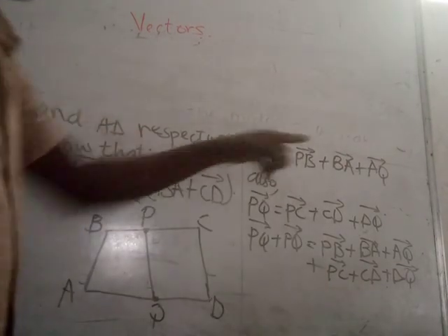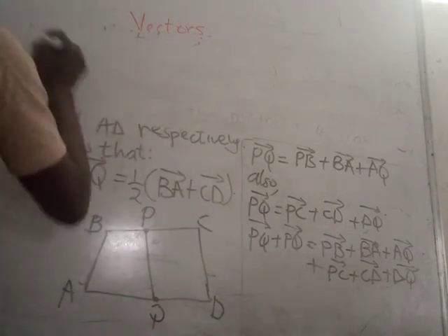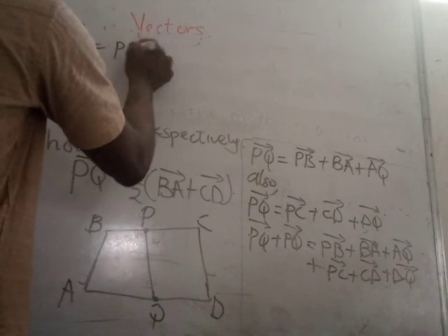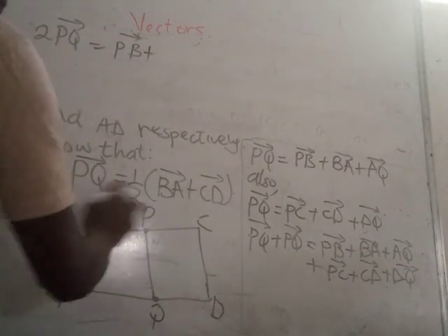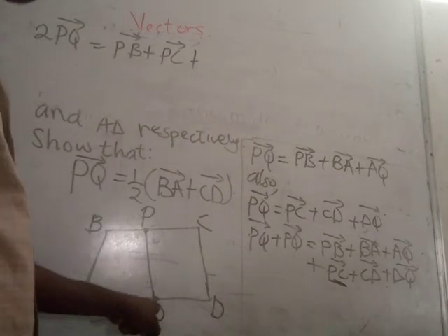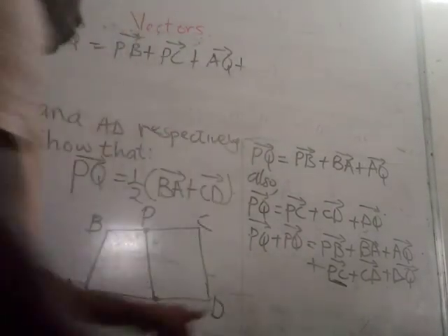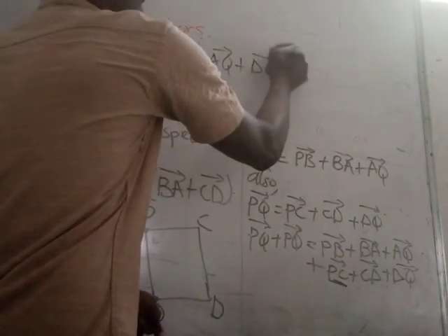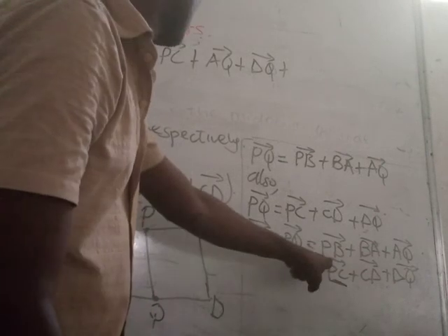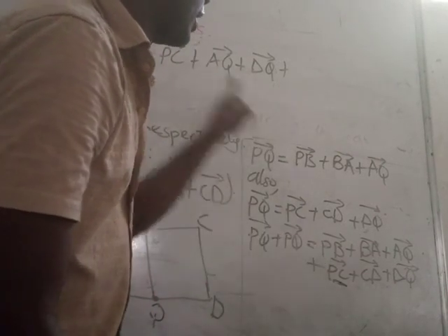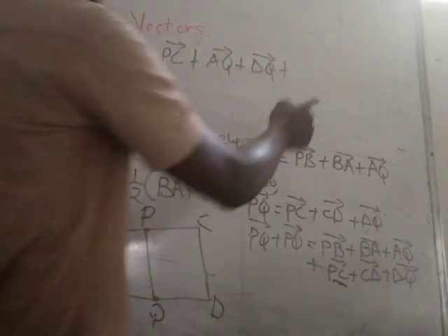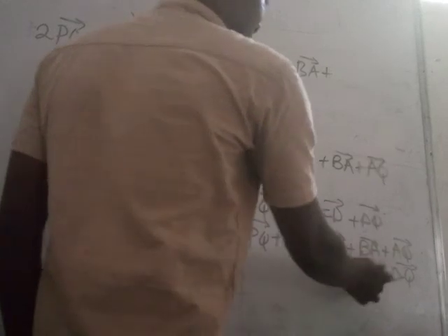When I add these together, I have 2PQ. Then I have PB plus PC, plus AQ, plus DQ, plus BA plus CD. PB and PC cancel, and AQ and DQ cancel, so we are left with BA plus CD.